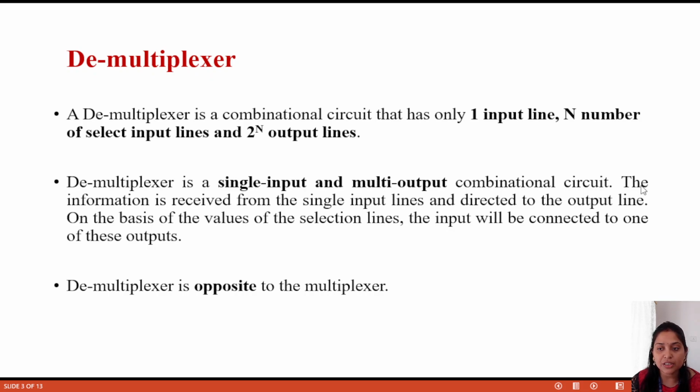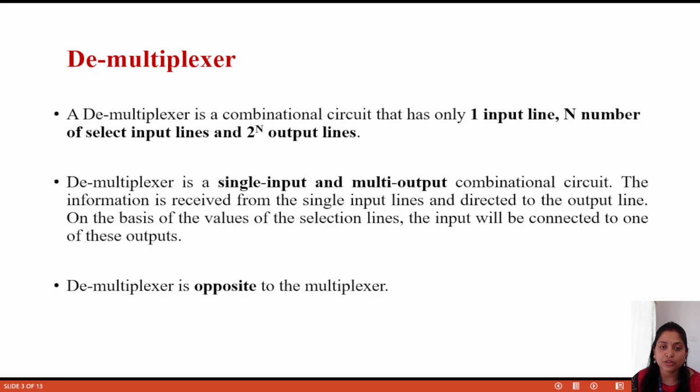The information is received from the single input line and directed to the output lines. Basically, based on the control input, it controls which output line the input will go to. That means the control input controls which position of the output the input goes to.